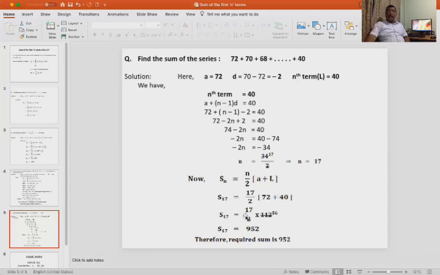So S17 will be equal to 17 by 2 into 72 plus 40, which is 112, and 2 times 56 is 112. So S17 will be 17 into 56, which is 952. Therefore, the required sum is 952.